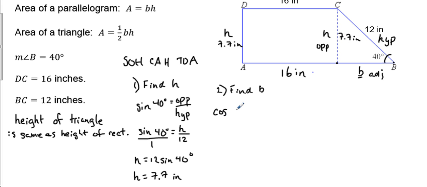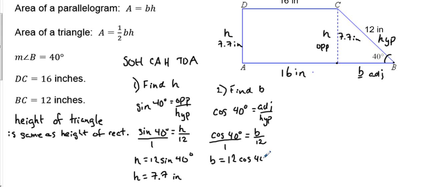So cosine of 40 degrees equals adjacent over hypotenuse. So the cosine of 40 degrees equals B over 12. We put the cosine of 40 degrees over 1. We cross multiply. 1 times B is B. When we cross multiply this way, we get 12 times the cosine of 40 degrees.